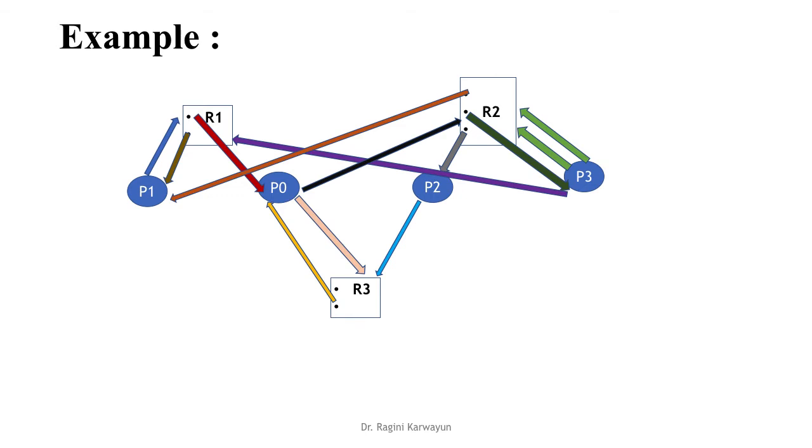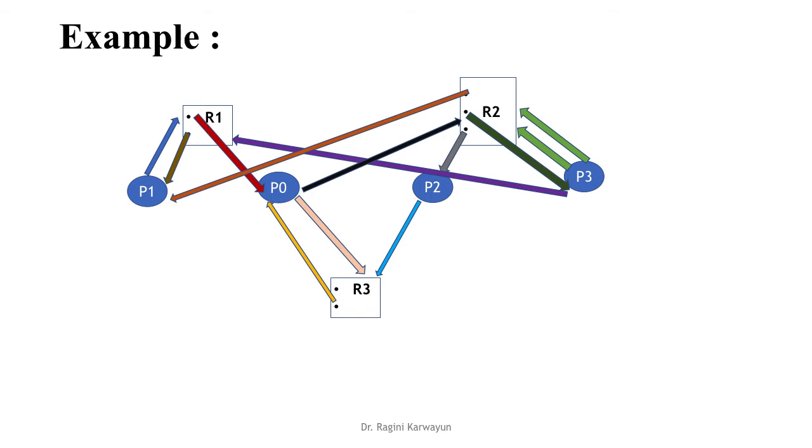Here we have two instances of R1, three instances of R2, and two instances of R3. There are four processes P0, P1, P2 and P3. Now P1 is holding one instance of R1, and is requesting one instance of R1, and it is holding one instance of R2.